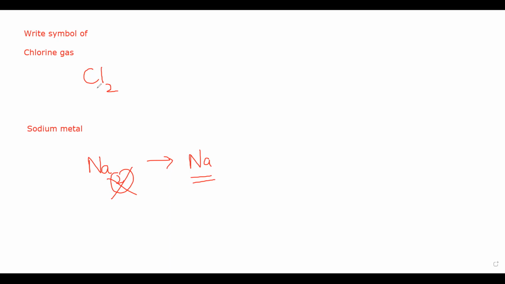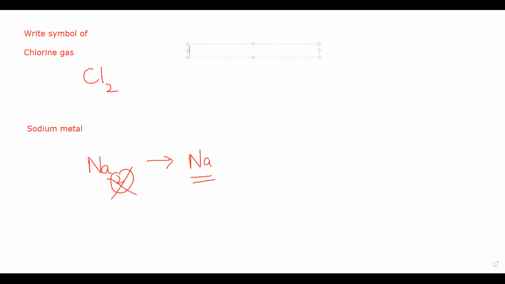So another example, if I say write the symbol for oxygen. Why are we writing 2? Because two atoms join together to form a molecule.